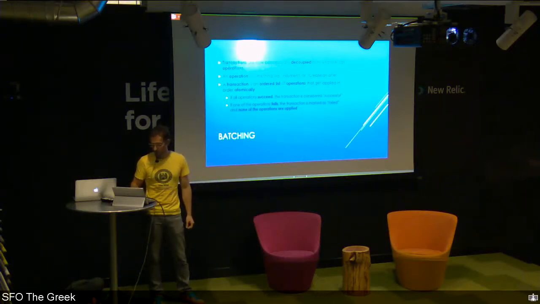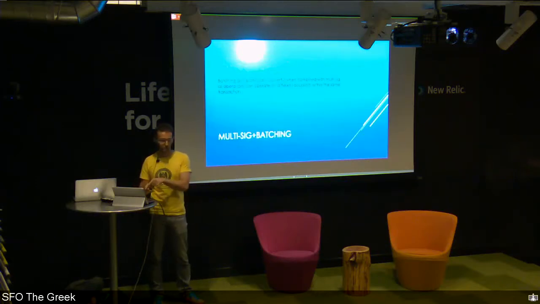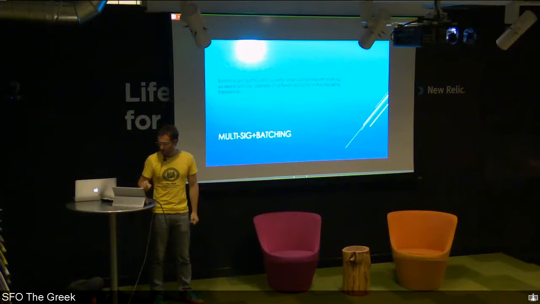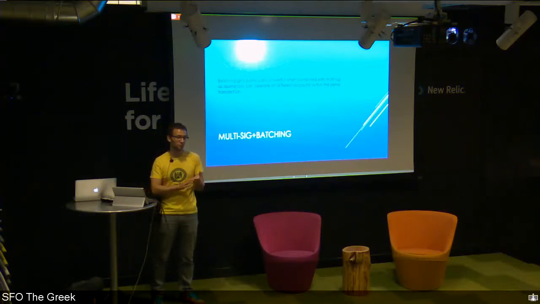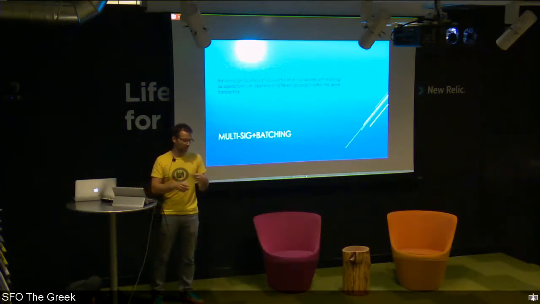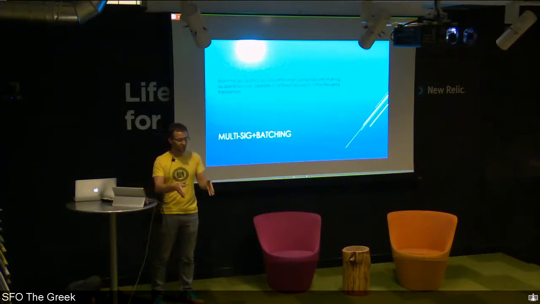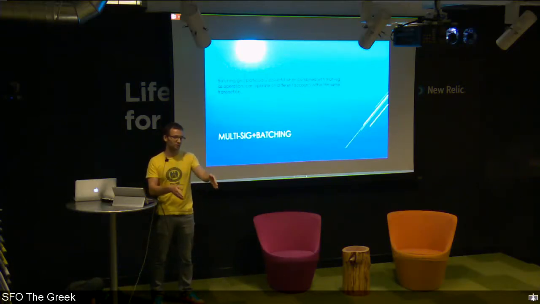That allows us to do interesting things, especially when you combine it with multisig. A basic example of what you could do with batching without multisig is, earlier I was saying you can change the signers and so on. You could imagine having one transaction that both adds a new signer and lowers or changes the threshold of the master key.